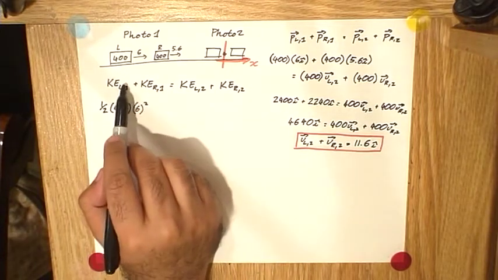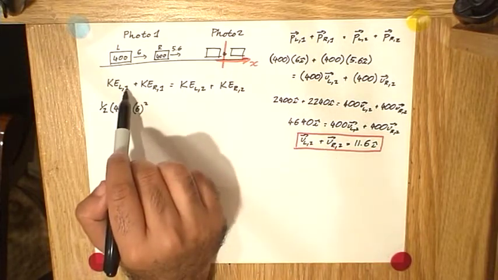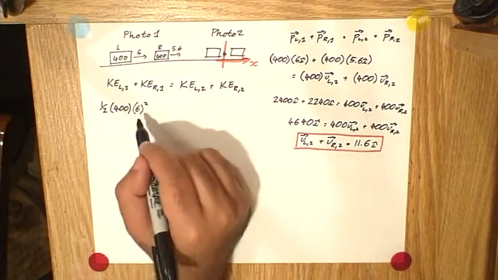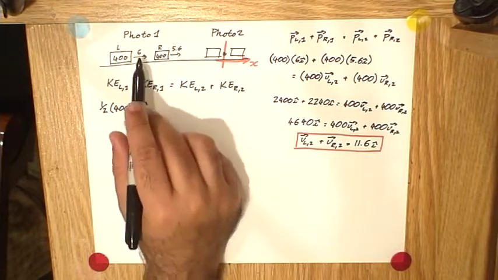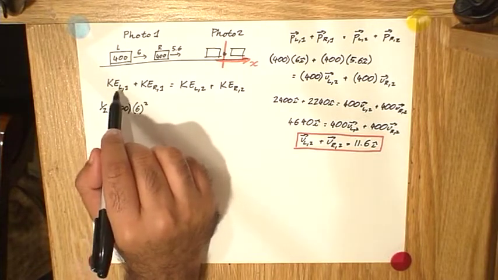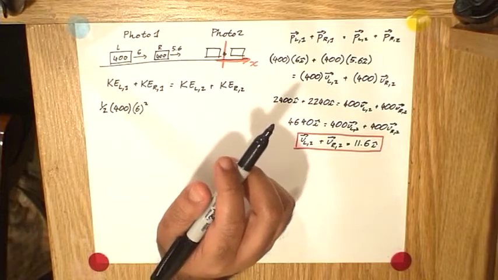Remember, kinetic energy is a scalar, not a vector. Momentum is a vector, kinetic energy is a scalar. There's no direction to kinetic energy. So that means that I don't need to write it as 6 i hat. I can get away with writing it as 6. And my final answers for the different kinetic energies will also never have i hats or j hats in them.